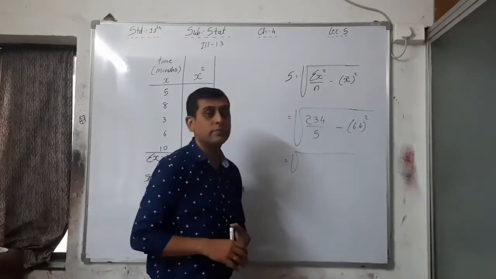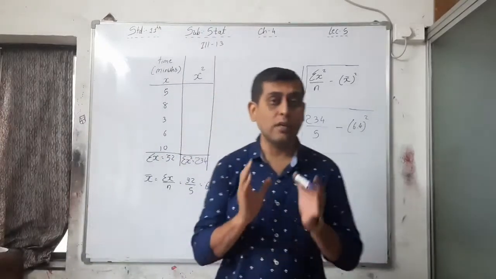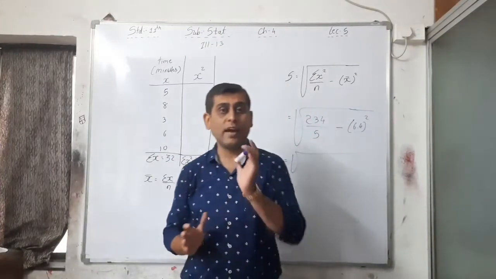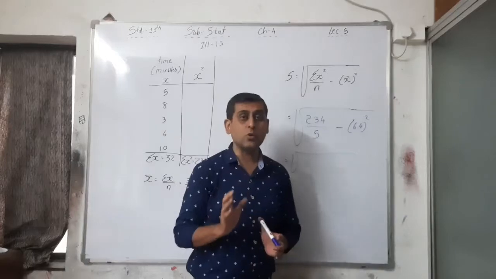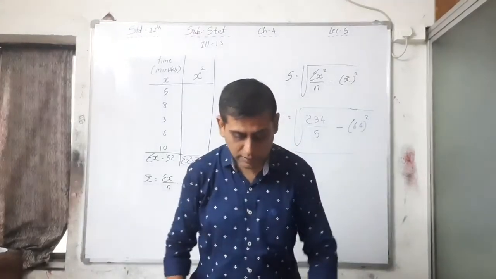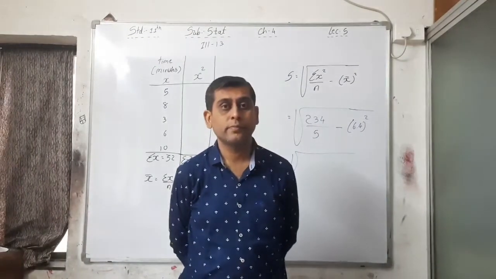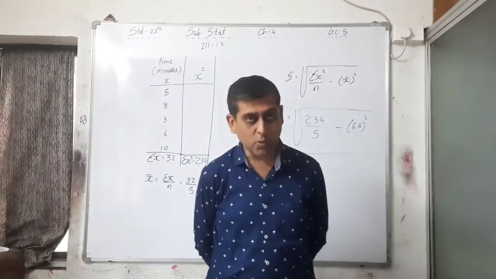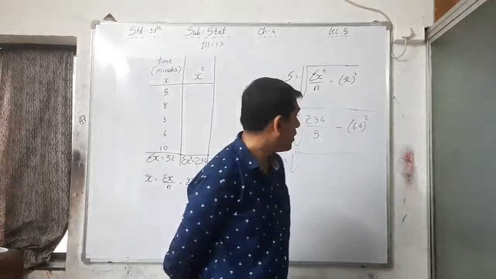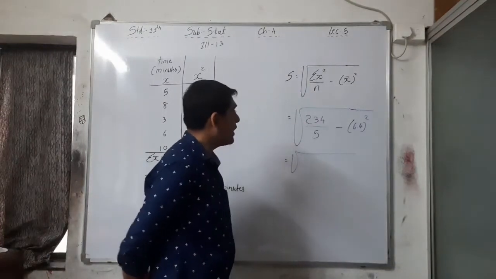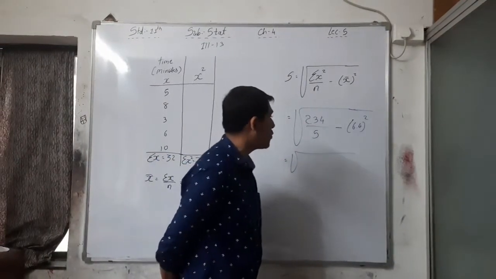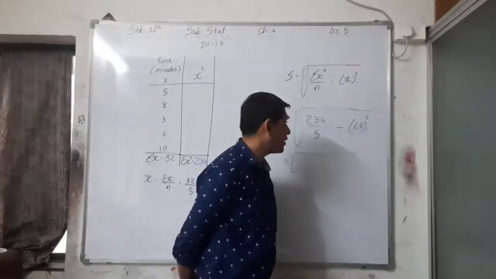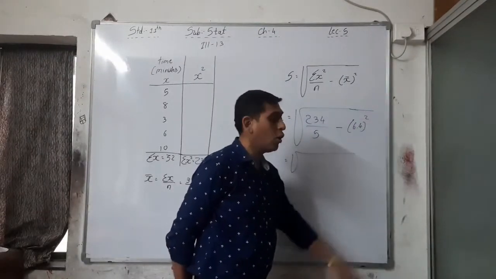Do that. Please do this in your calci. That's why I am not doing here. Please do, because it is your work. Sigma x square means what? 234 divided by 5, that is 46.8 minus 6.4 whole square.